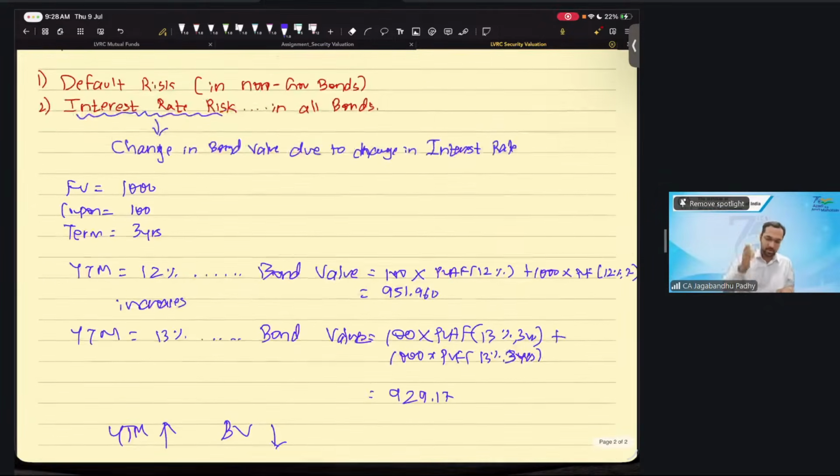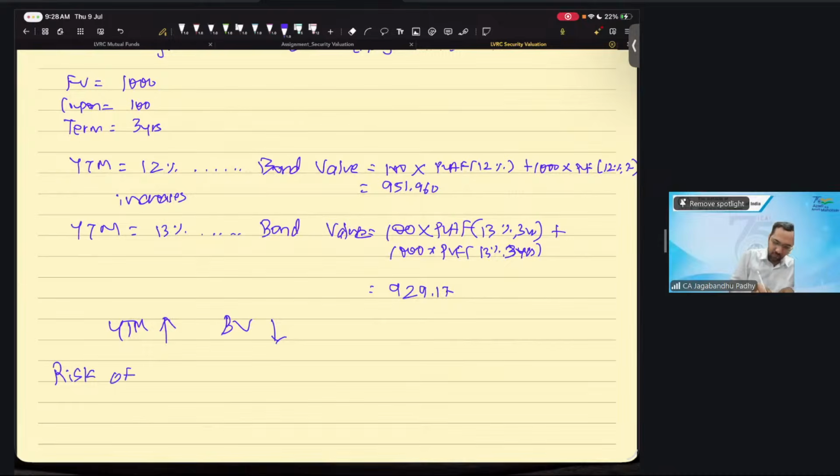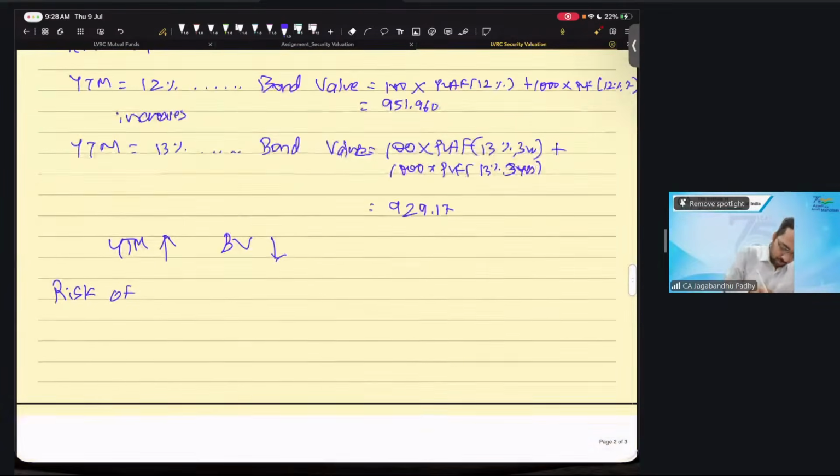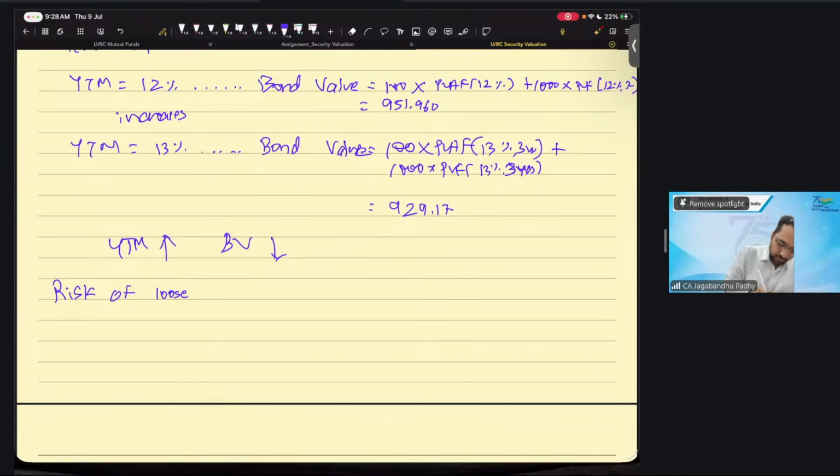So when we say interest rate risk, it is that risk of loss in bond value due to rise in the interest rates. That is your interest rate risk.